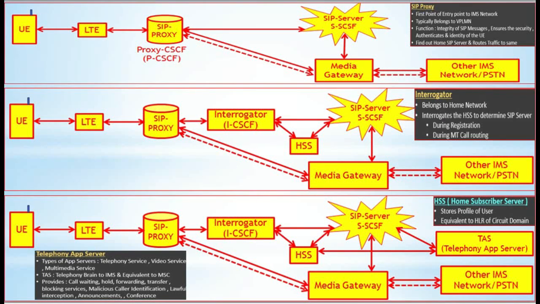HSS communication is via the Diameter protocol. For super easy understanding, HSS is the profile or database of the user where all information is saved. This HSS, home subscriber server, will decide whether you are allowed to use VoLTE or not, whether you are allowed to latch on to the LTE network or not.